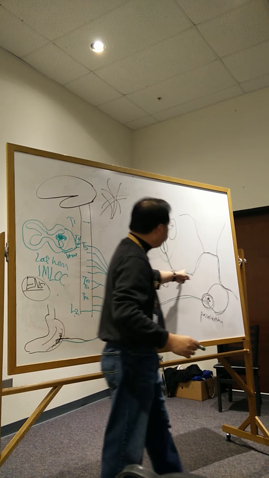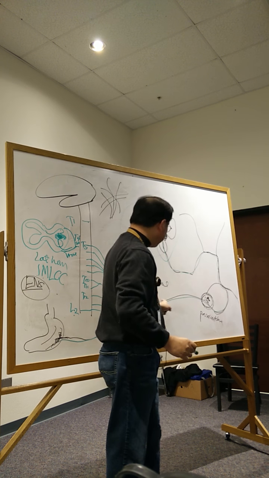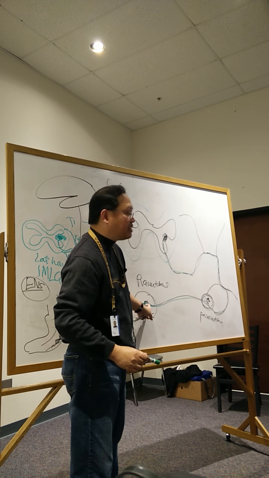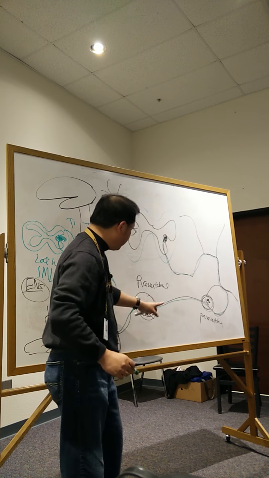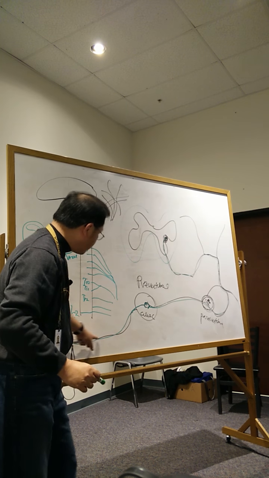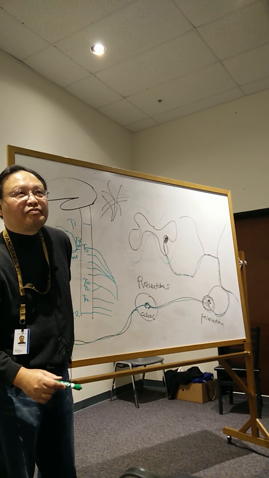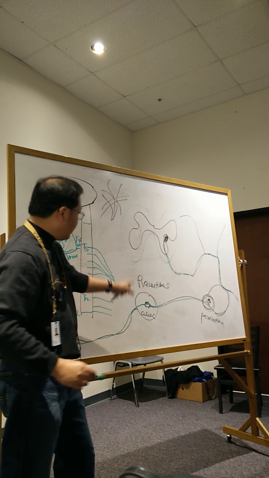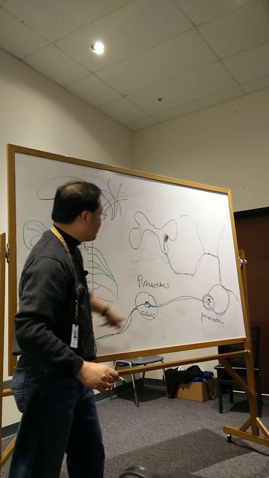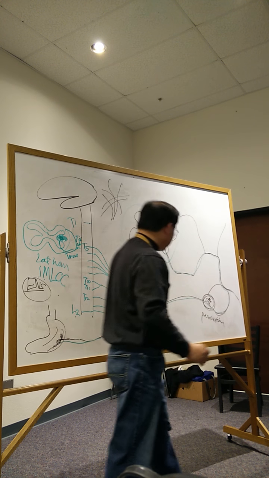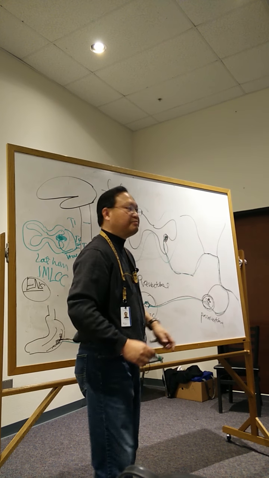You have a preganglionic or presynaptic sympathetic fiber, and you have a postganglionic, postsynaptic sympathetic fiber. And the fiber refers to the axons, right? And if you have a lot of neurons, now you have nerves, okay?